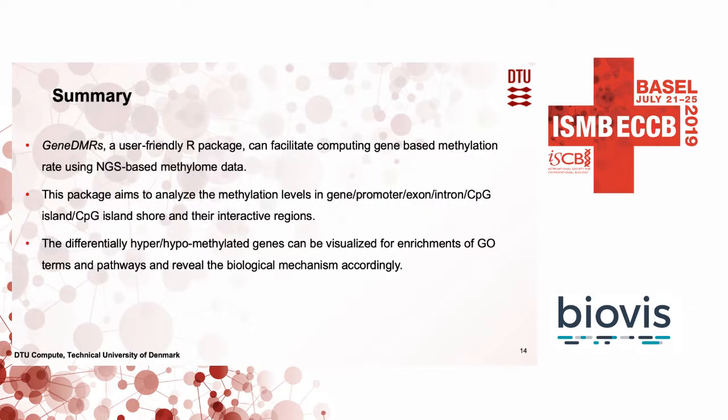So geneDMR is a user-friendly R package that can calculate the methylation in different regions, also the interactive regions, and it can visualize the DMGs in the different categories for the GO terms and pathways.